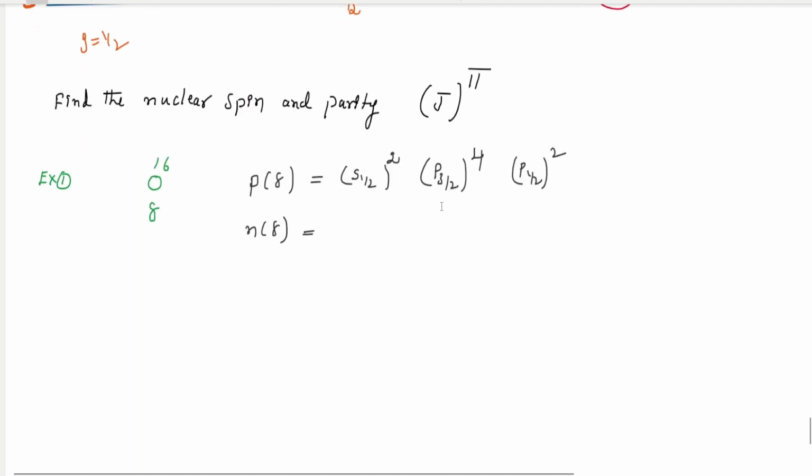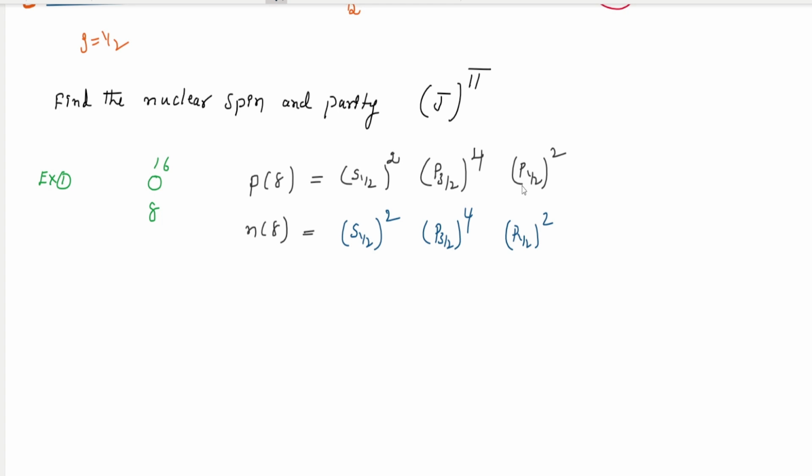In a similar way, you can fill S1/2 with 2, and P3/2 with 4, then P1/2.